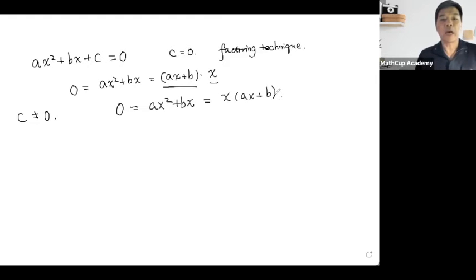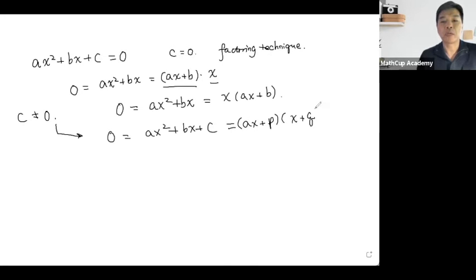So now the wishful thinking is, when c is not 0, can we still factor ax squared plus bx plus c into something like (ax plus p) times (x plus q)? We know we're not going to have an x factor, but can we have the x plus q factor such that this equals ax squared plus bx plus c?